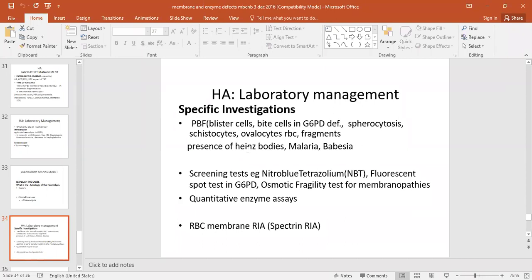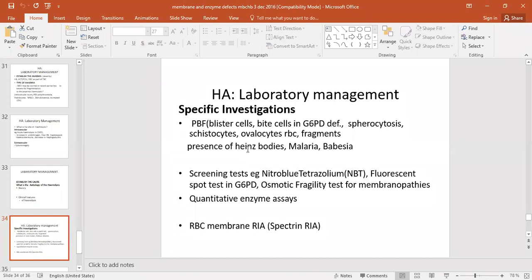And then you may see things we call Heinz bodies or other parts that may be found within the cell. Then you may want to screen using different tests. Nitroblue tetrazolium has been tried for G6PD, or the fluorescent spot test, or osmotic fragility, to look at other membrane-related disorders in general.